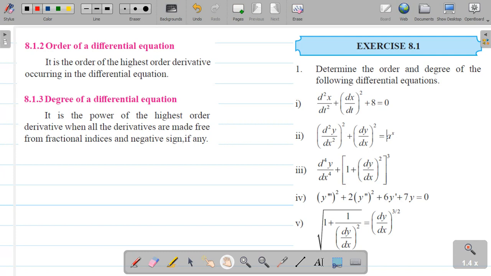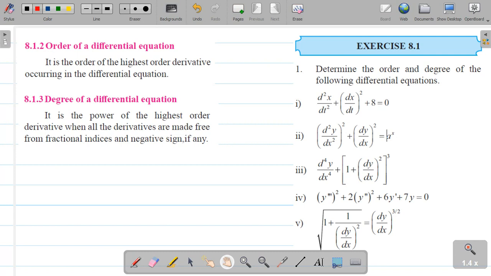Now a differential equation involves the independent variable, dependent variable and derivative of the dependent variable with respect to the independent variable. For example, if the function is given y is equal to f of x, and if y or x is involved in that equation, and also if dy by dx is there, then the combination of that is called a differential equation.